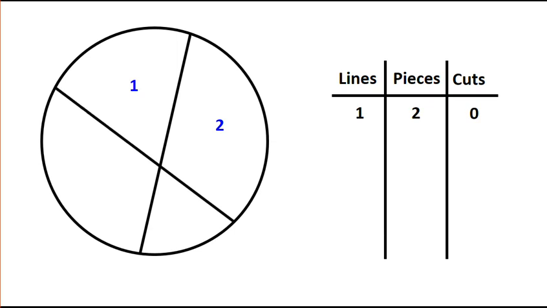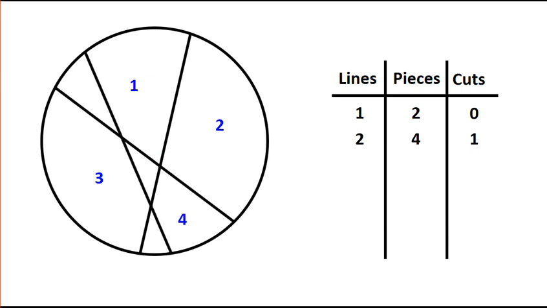So now I've drawn my second line, and there's one new cut or new intersection. So there's one additional intersection there, and I've got an additional 2 pieces, pieces number 3 and 4, and so now I've got a total of 4 pieces with 2 lines being drawn.